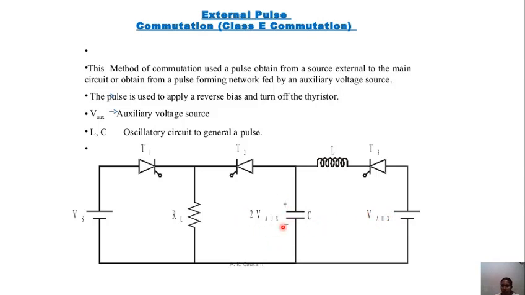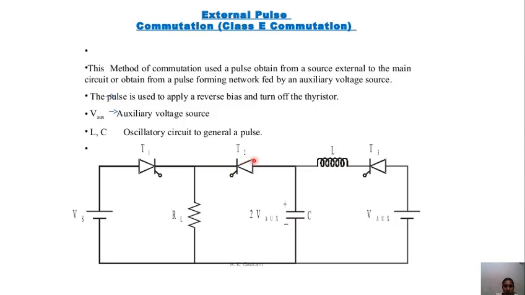Once the capacitor is fully charged with twice the auxiliary voltage, there will not be a charging current, so T3 turns off. We have a fully charged capacitor.